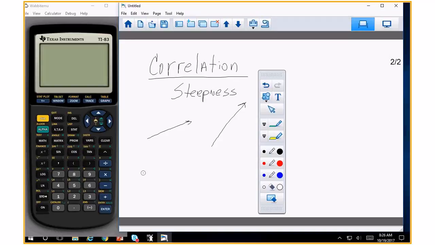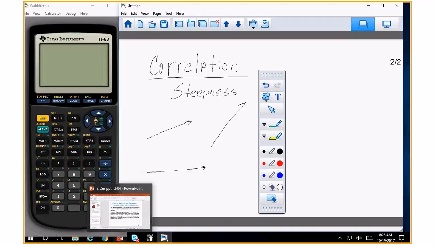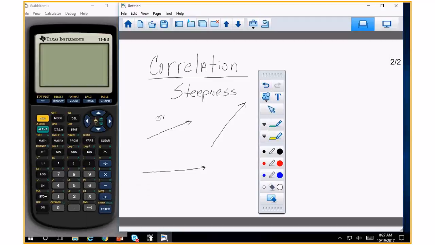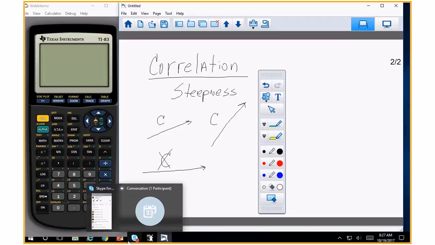If you have something like this, that's supposed to be horizontal, there is no correlation. So here you have correlation. Here you have correlation. Here you do not have correlation. I don't know what's going on with this board, so I guess I need to reset calibration.